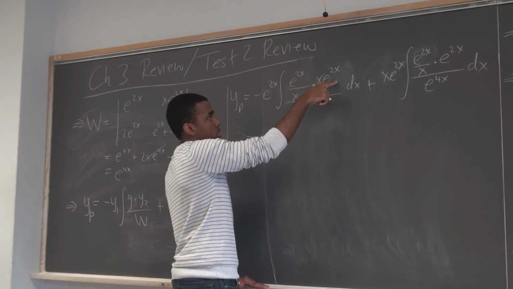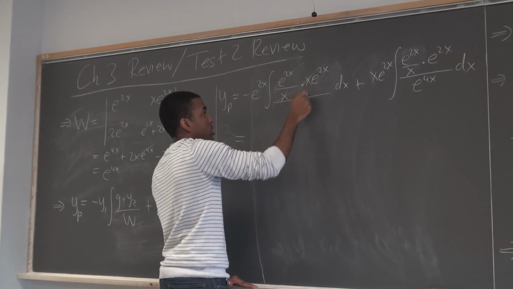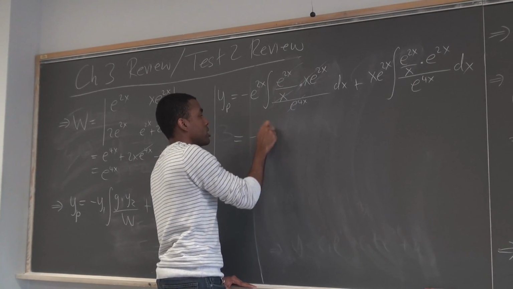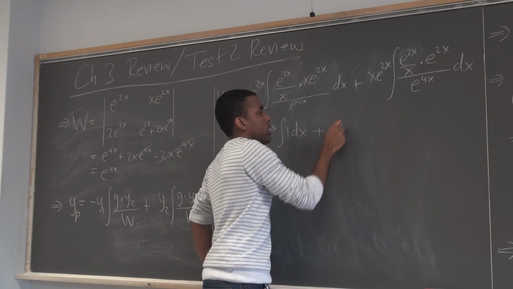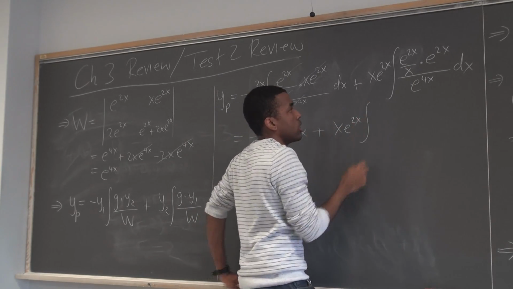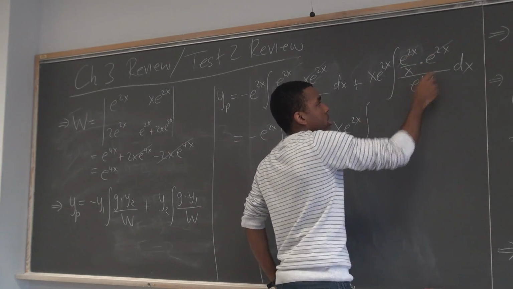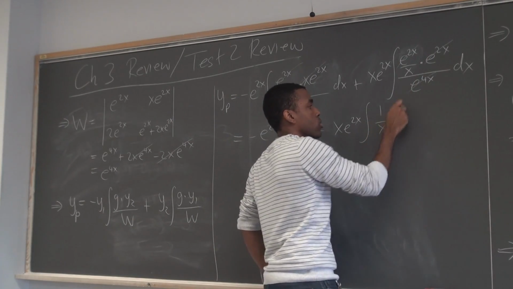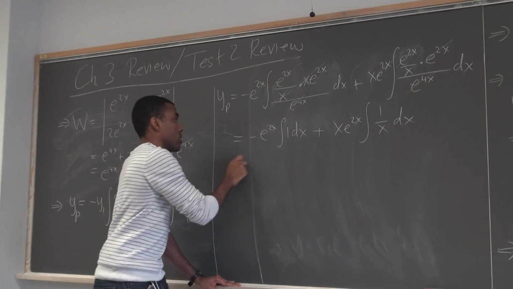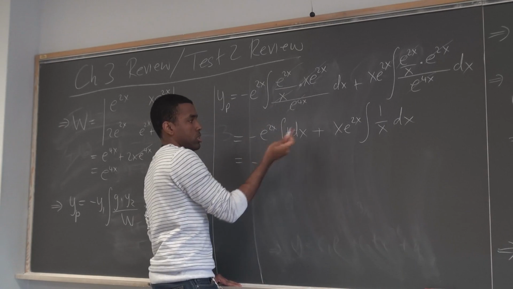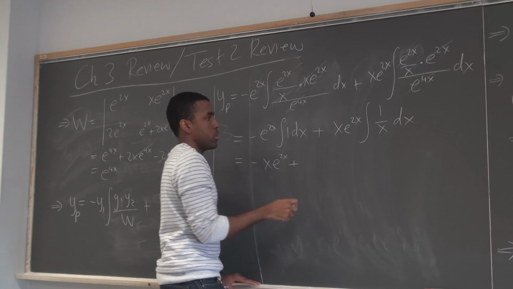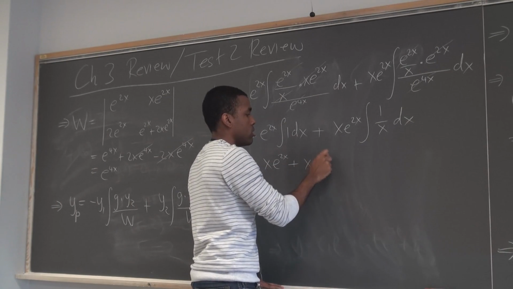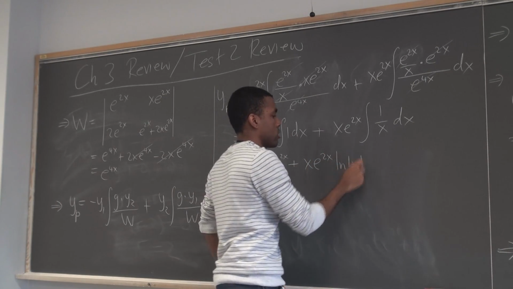These times each other is an e to the 4x divided by e to the 4x. So this is really just minus e to the 2x times the integral of 1, plus x e to the 2x times the integral of 1 over x. So this is minus x e to the 2x plus x e to the 2x ln x.